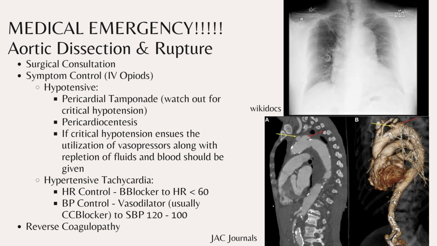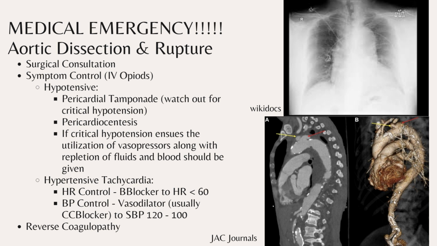For the hypotensive patient, a lot of times physicians will opt to do a pericardiocentesis. So this is when they drain fluid from the pericardial sac, and this will help promote cardiac output by decreasing the pressure on the heart itself.